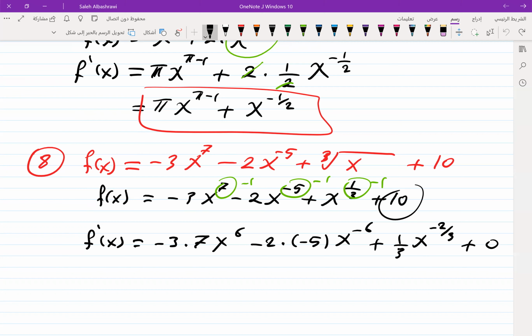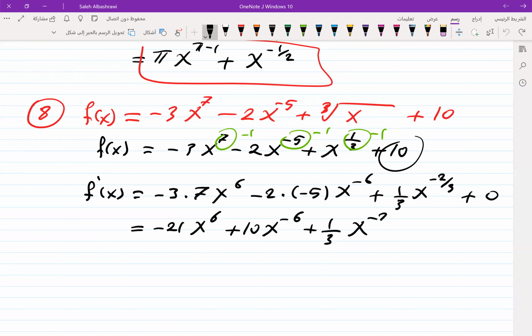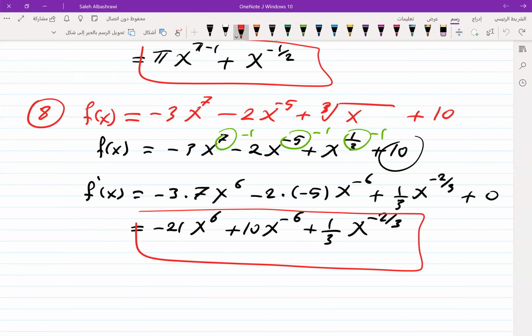Let's write it just to remind you that the derivative of the constant is equal to 0, which is equal to minus 3 multiplied by 7 is minus 21 x to the power 6 plus 10 x to the power minus 6 plus 1/3 x to the power minus 2 over 3. So this is the derivative of the given function.